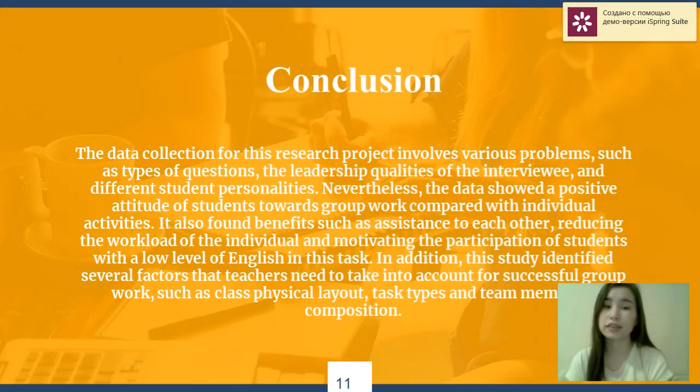While conducting the data collection, there were many problems, such as types of questions and types of answers. For example, some students didn't answer some questions.